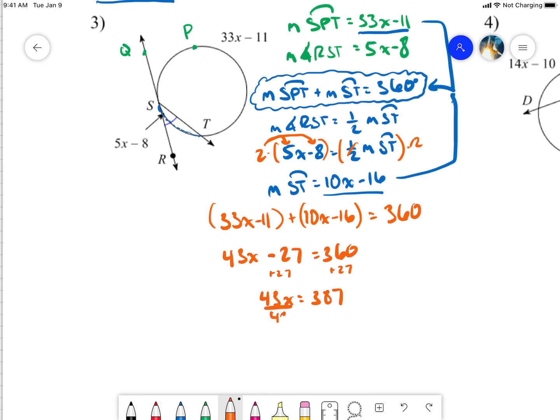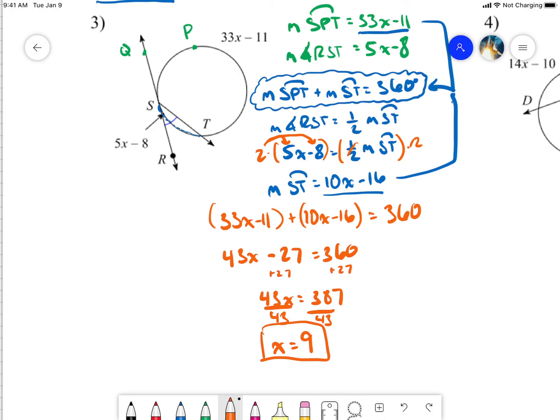Divide both sides by 43. And I get x is equal to, what's that, 9? Can someone do that calculation really quickly? Nine? Okay. So I have x is equal to 9.